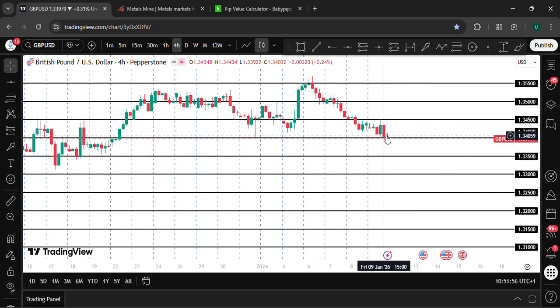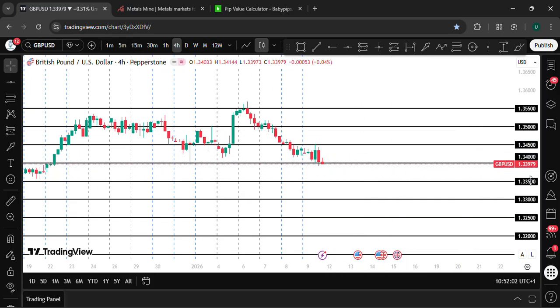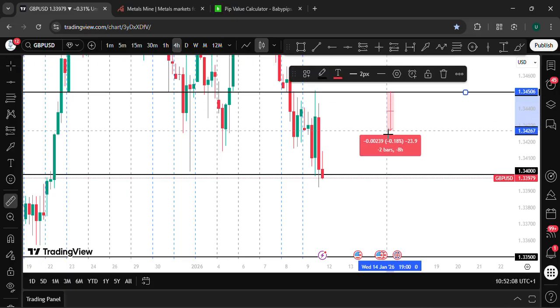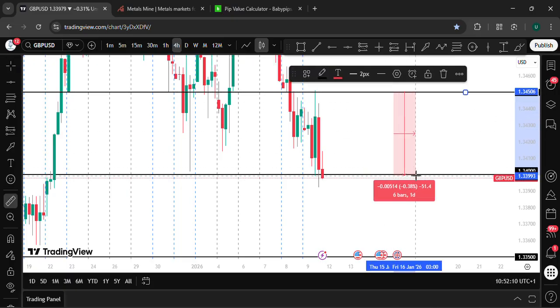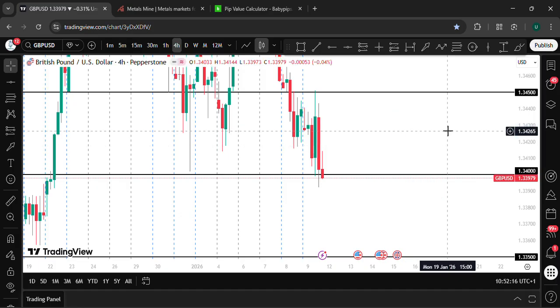So the horizontal lines you see over here are all 50 pips apart. Let me show you what I mean. They are 50 pips apart. Let's measure it. As you can see here, it's 50 pips apart.